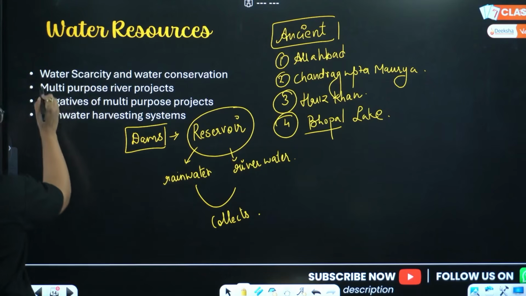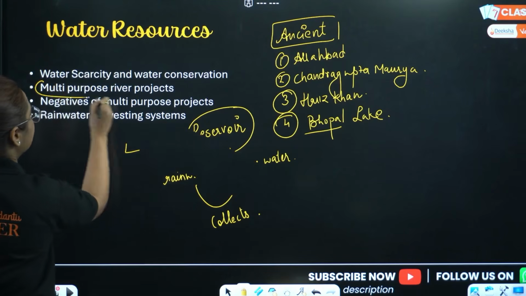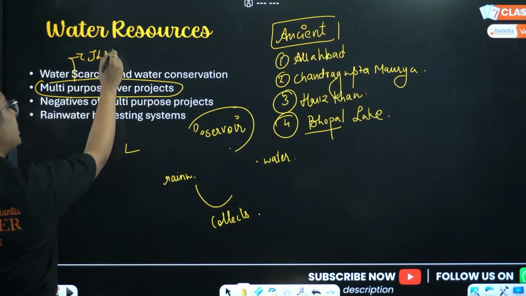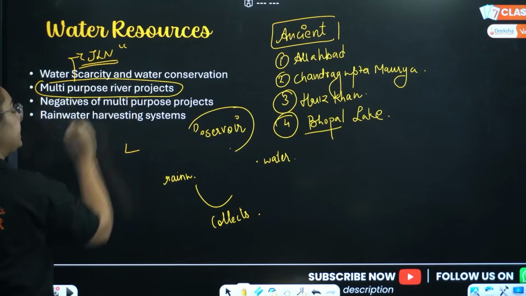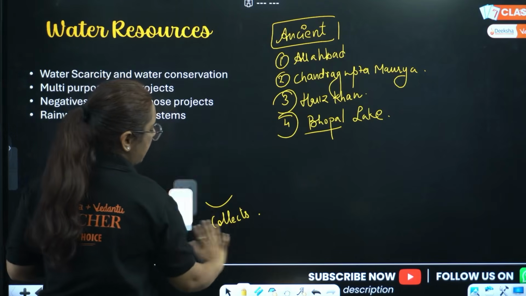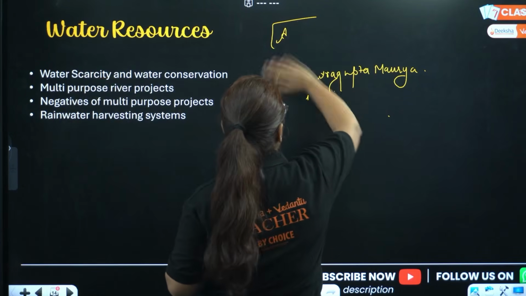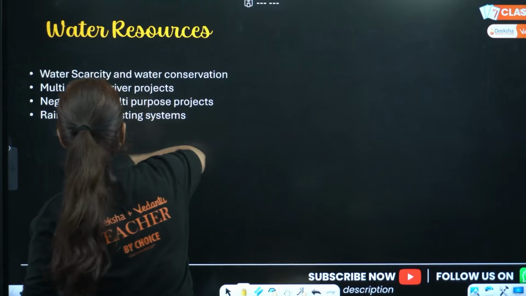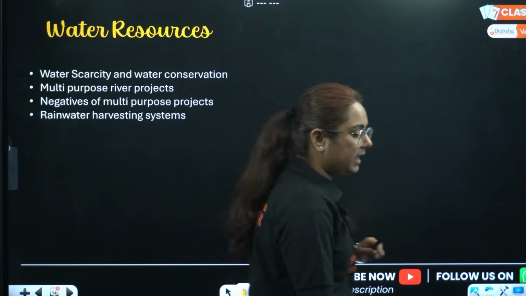Hence they are referred to as multi-purpose river valley projects. Jawaharlal Nehru proclaimed the statement that dams are the temples of modern India. They are the temples of what? Modern India.